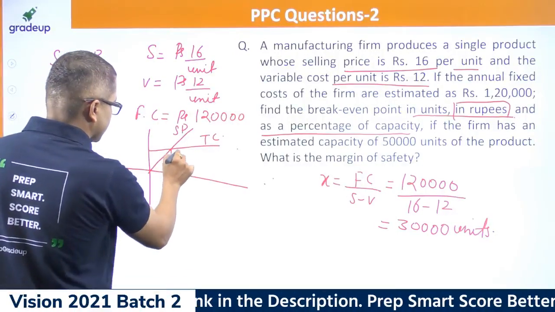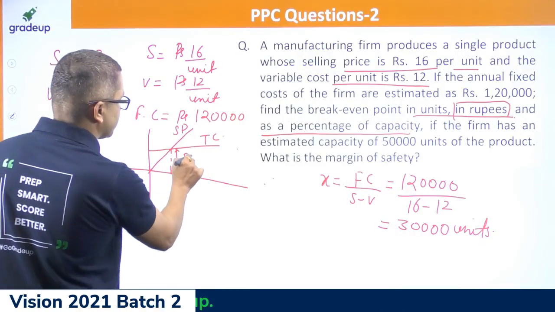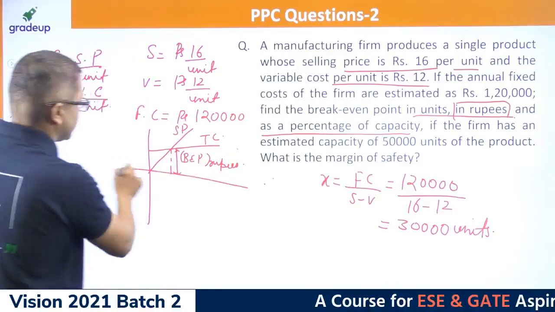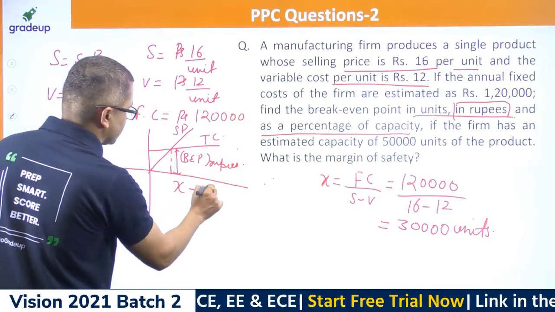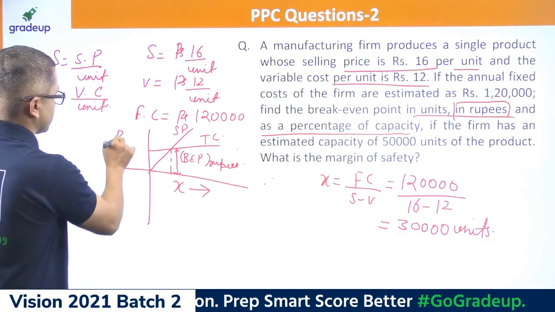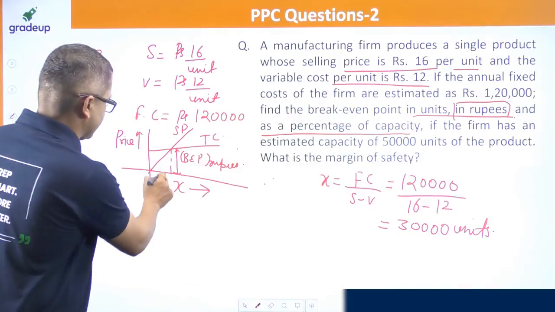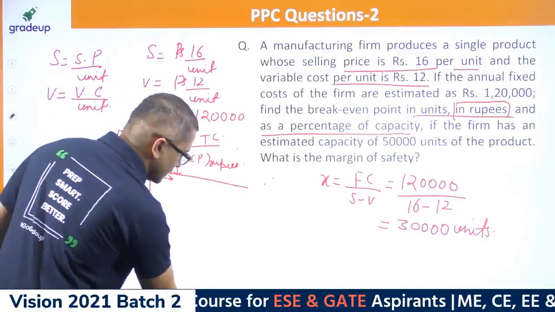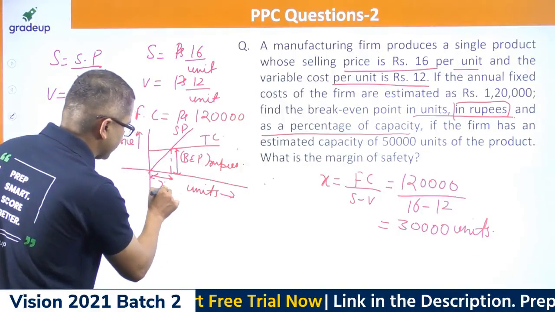From here to here is nothing but the break-even point in rupees. This is X, or units, and on the y-axis is price or cost. Instead of X, I'm going to write units over here, and this is the break-even point.